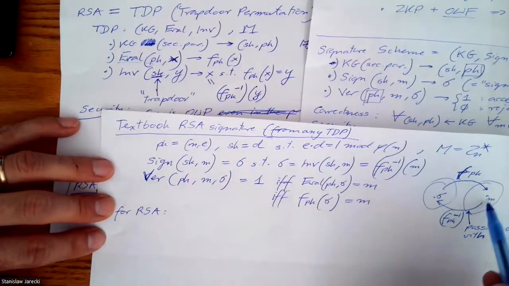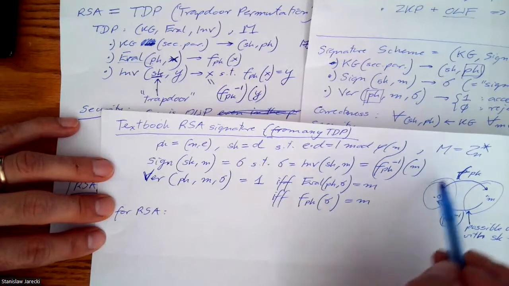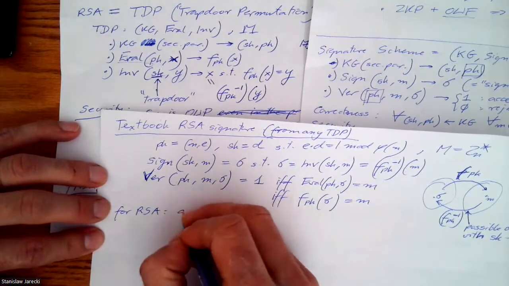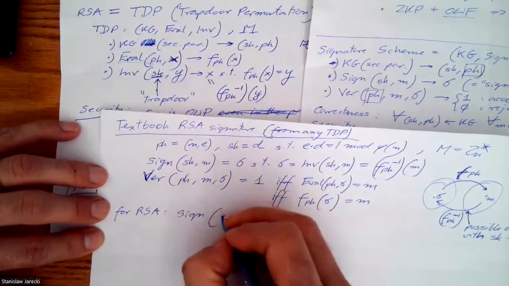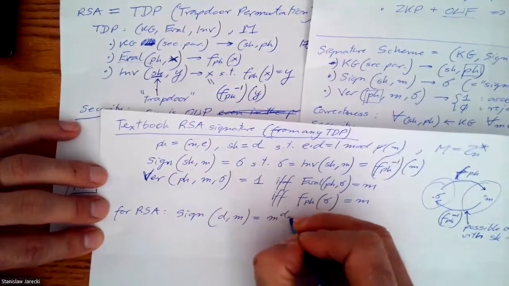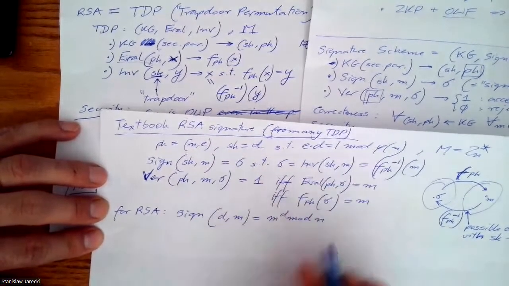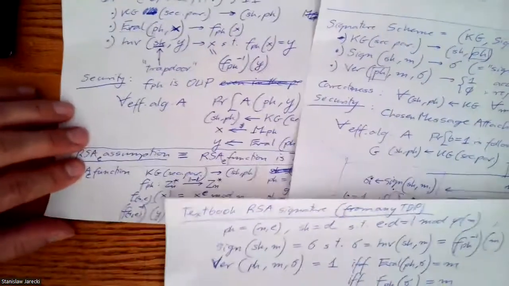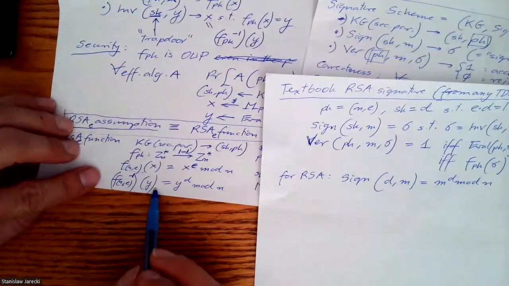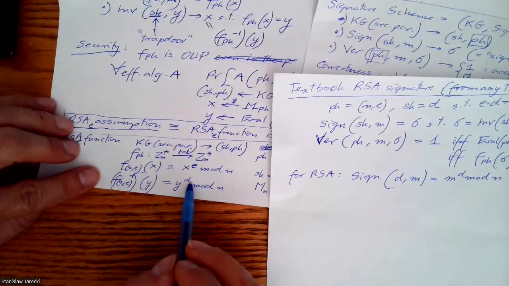You sign by inverting it and verify by computing it forward. So for RSA, the signature using D and M would be just M to the D mod N, because that's the inverse function.